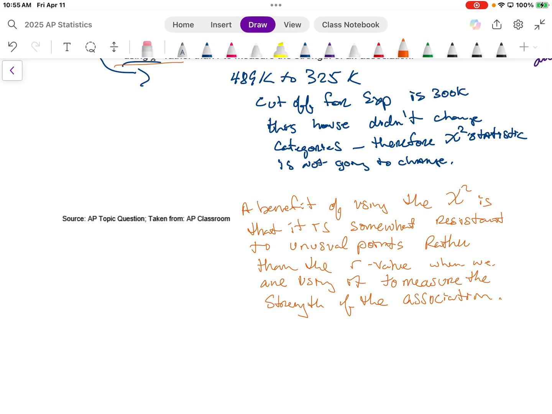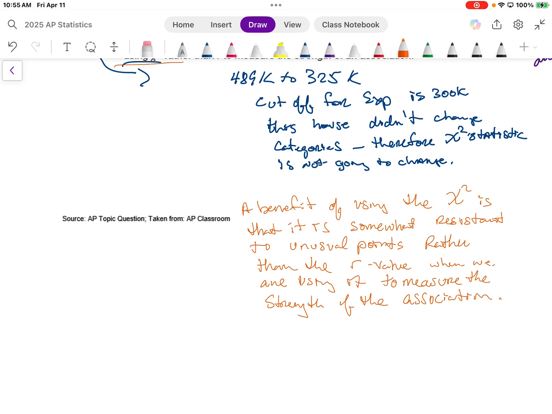So there is a benefit. We're not going to say it's totally resistant, but it's somewhat resistant. I'm going to turn off the lights. That way we can see what's on the screen a little bit easier. It is somewhat resistant to the unusual points. Therefore, it's better to use it for talking about the strength of the association.